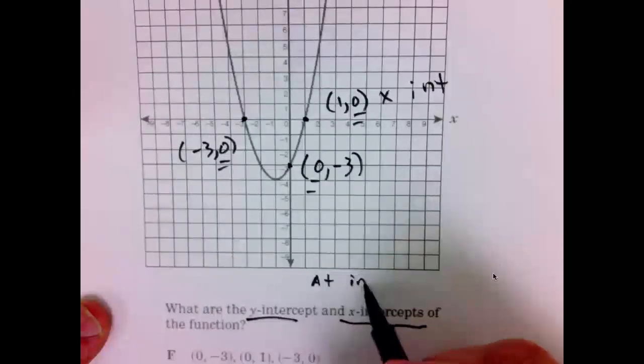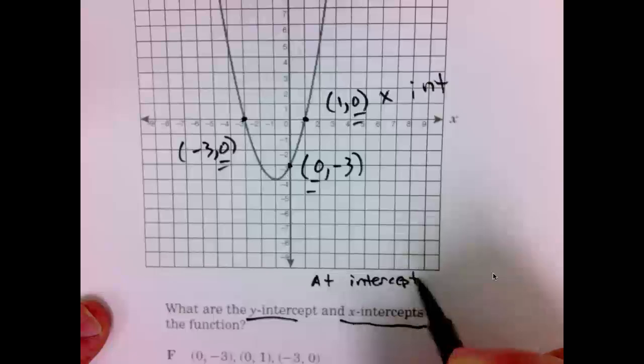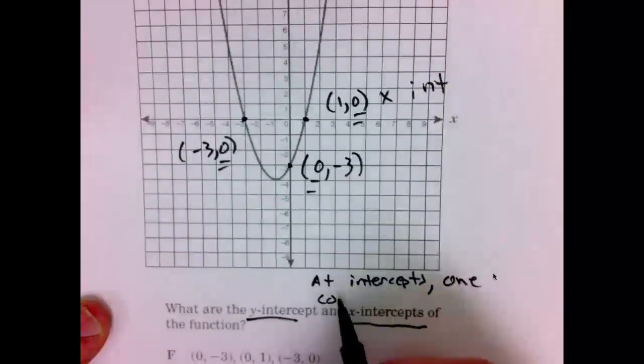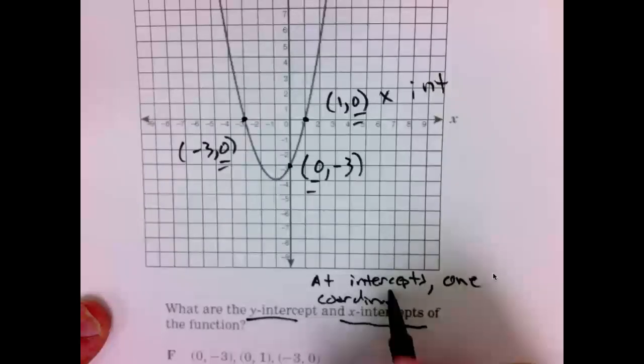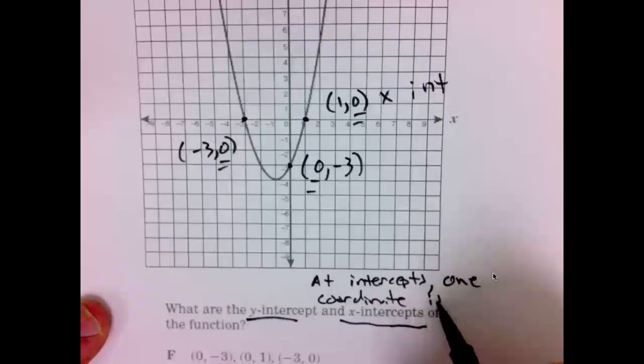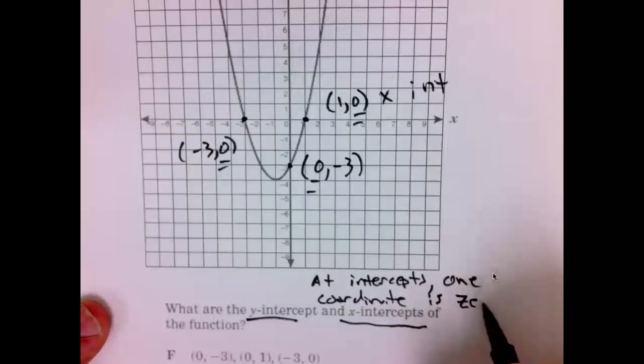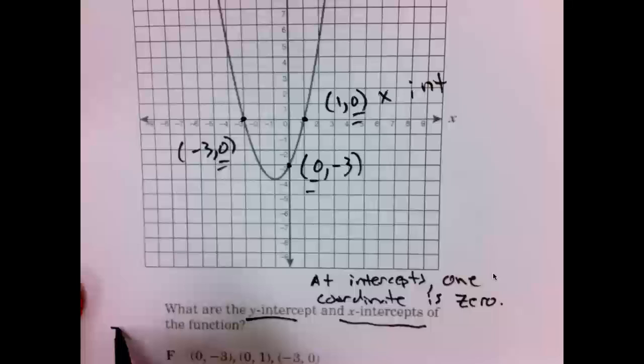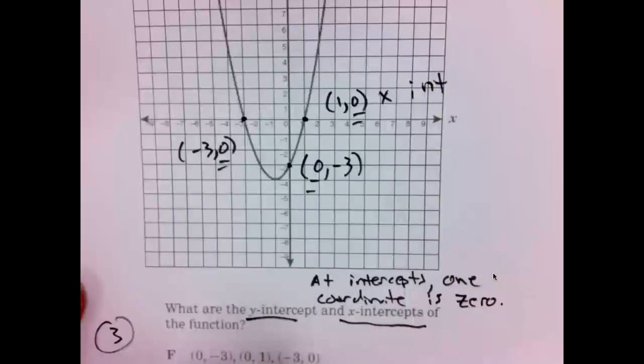At intercepts, one of the coordinates must be 0. So it appears as though number 3 is G: 0, negative 3, 1, 0, and negative 3, 0. 3 is G.